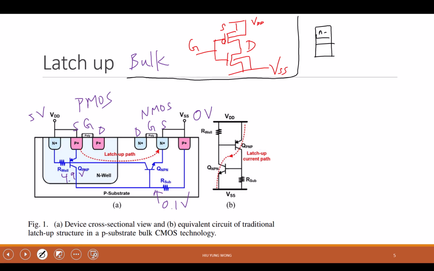You have N plus, you have a P region, and then a N plus region, right? So I call this collector, this is emitter, and this is the base. Now, collector, actually, we do not put N plus. We will try to use N and then eventually N plus, but we don't go to this type of details.